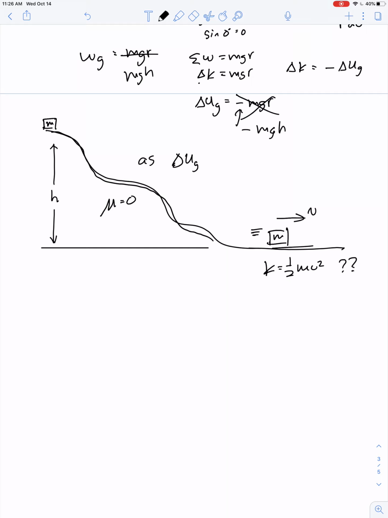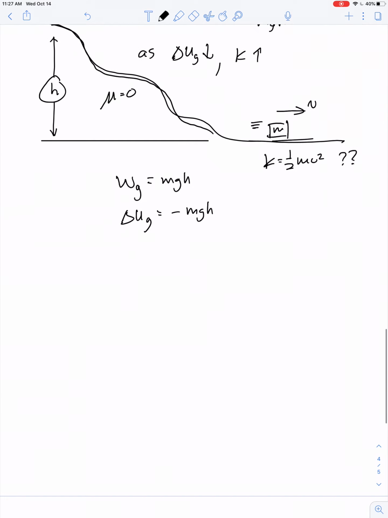As gravitational potential energy decreased by virtue of losing altitude, the kinetic energy increased. And I think by now you probably have a guess what is the amount of work done by gravity in this case. I think you'd guess it's mgh. What's the change in gravitational potential energy? Negative mgh.